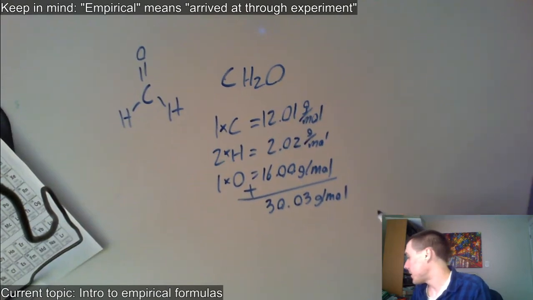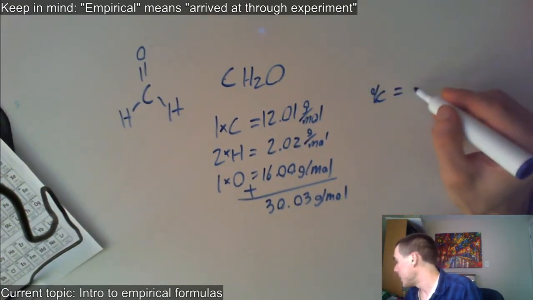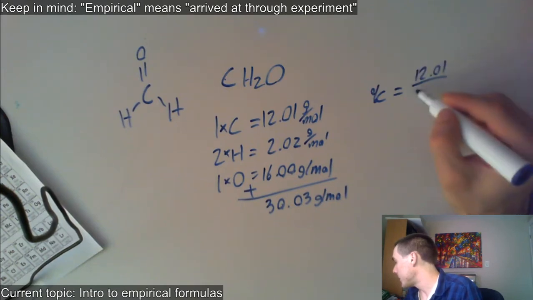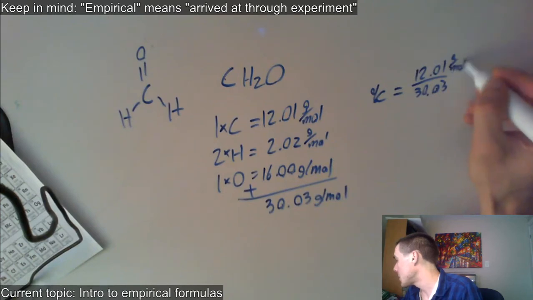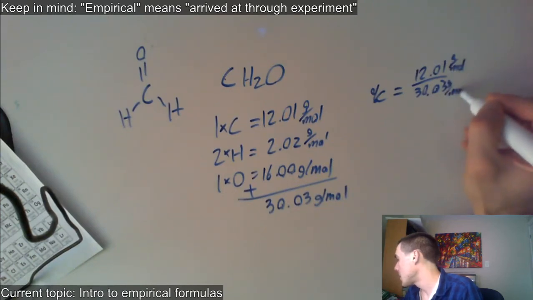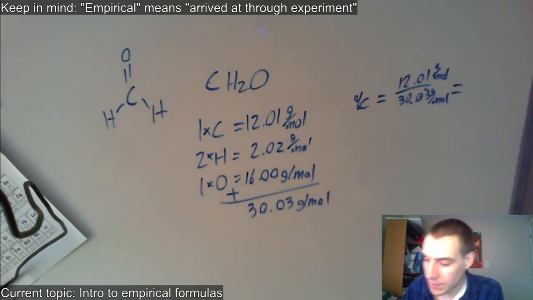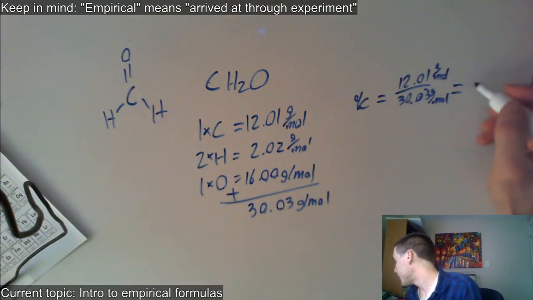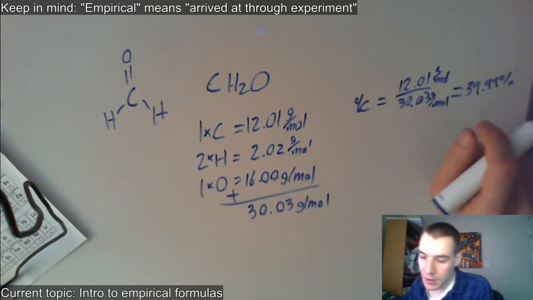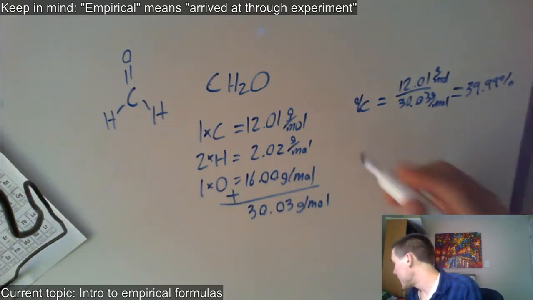And then to figure out the percent carbon, it's going to be 12.01 divided by 30.03. That's in grams per mole, of course. That gives us 39.99%. That's carbon.